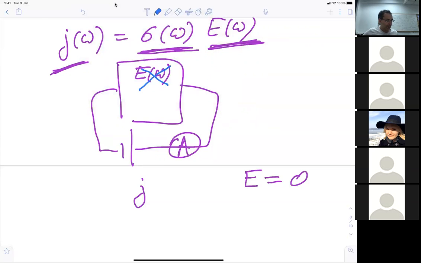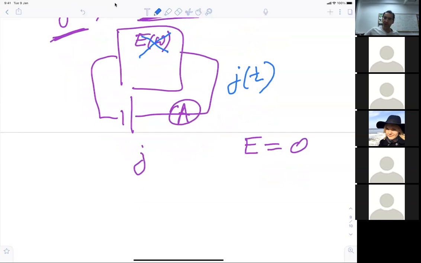Then the statement is, let us measure fluctuations of current in this circuit that flow there purely at thermal equilibrium.